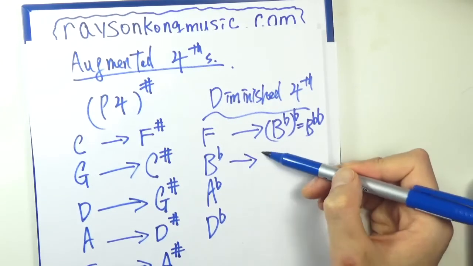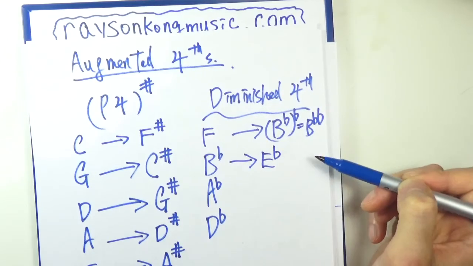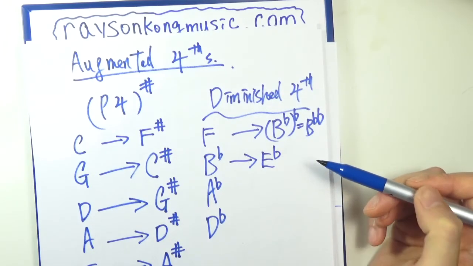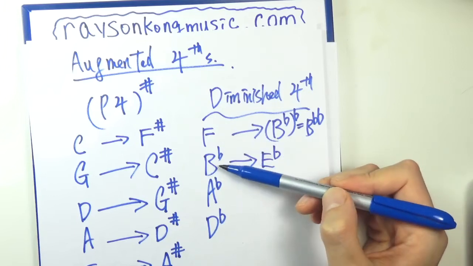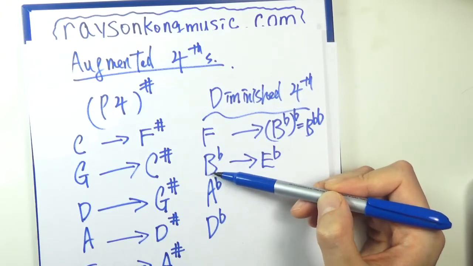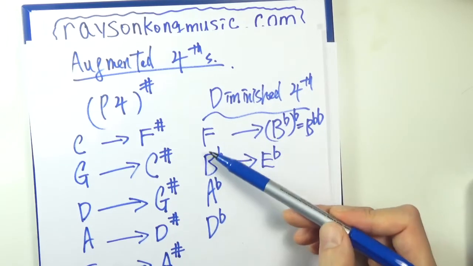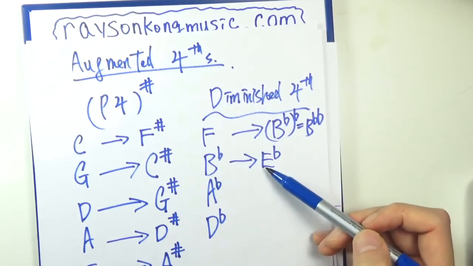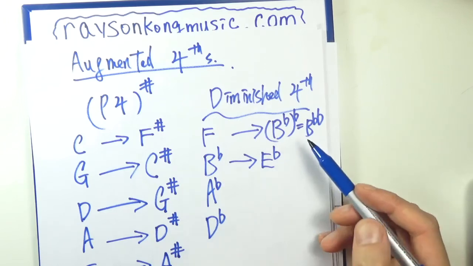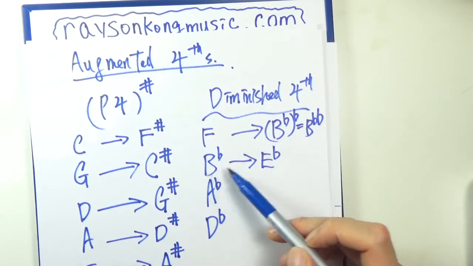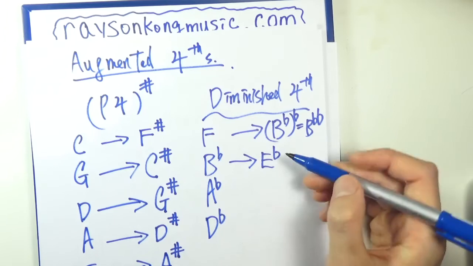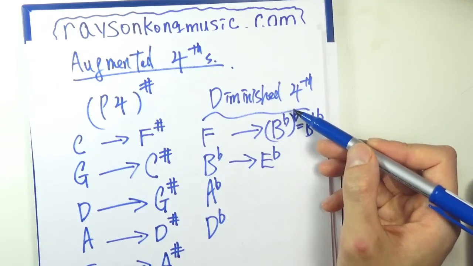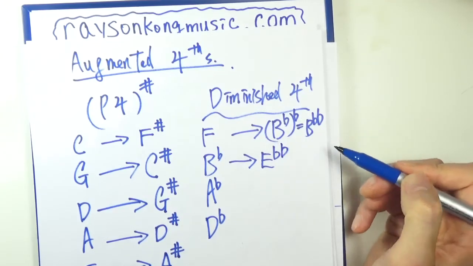B flat to E flat would be a perfect fourth. So remember, the only exception happens between the note B and F. Okay, so B going to E, it's not an exception here. So we just apply the quantity rule here. So B, E, but what I want here is a diminished fourth, so flatten that, all right?